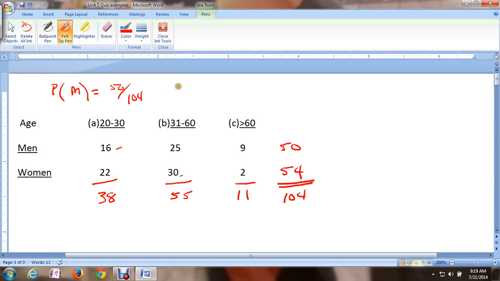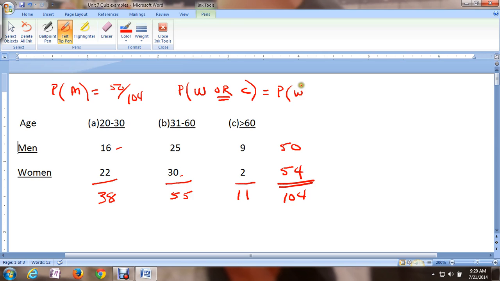Getting just a bit more complicated, you might want to know what's the probability that the person you picked out was either a woman or someone greater than 60. You notice this is an OR function, which means we add probabilities.